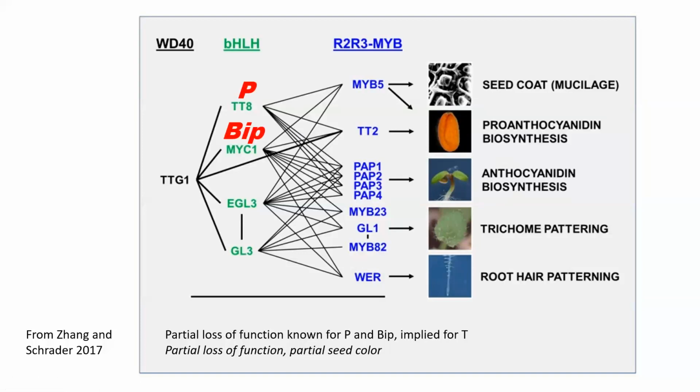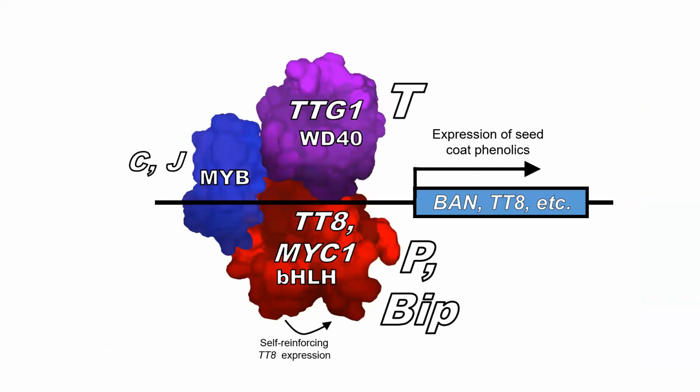So then we're thinking that P is TT8. We're thinking that MYC1 is probably BIP, and T is the TTG1. That's our hypothesis. And again, these are forming clusters together to activate that expression.